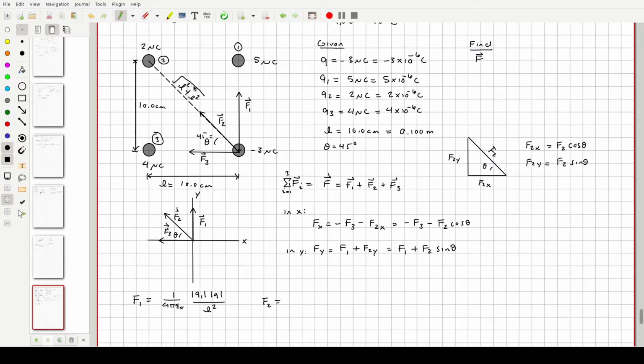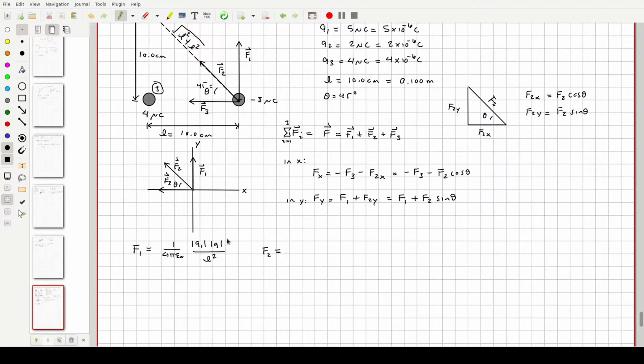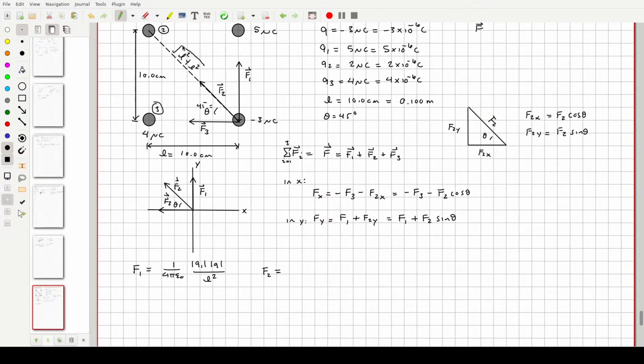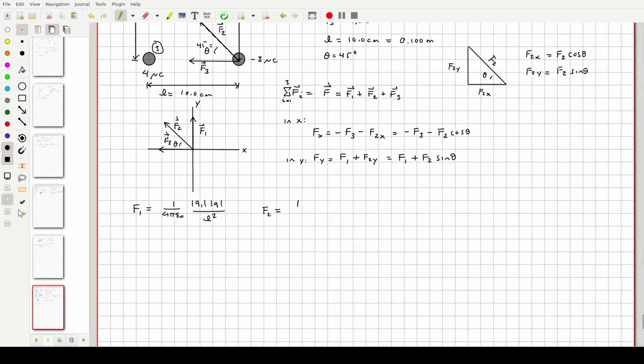The hypotenuse squared is equal to the sum of the squares of the sides, right? So what that means is that in the bottom, our hypotenuse here, this distance, which I'll call R2 just for the moment, this is R2 squared here, which is going to be L squared plus L squared, or 2L squared. So now we're dealing with Q2 affecting Q, and the distance squared between them again is 2L squared.